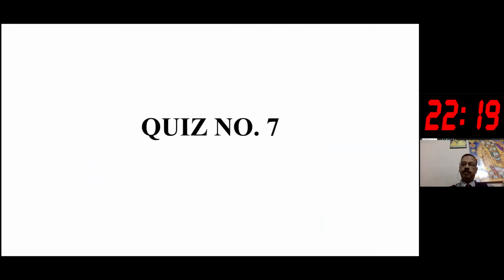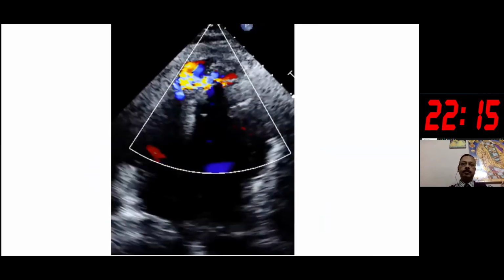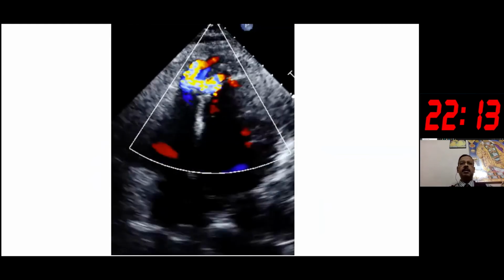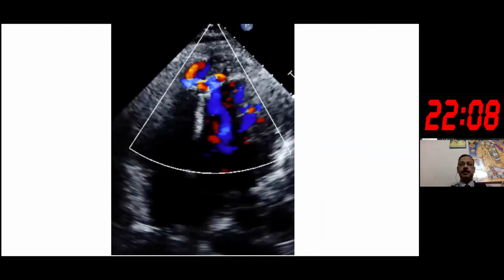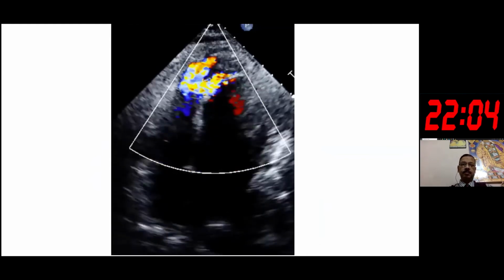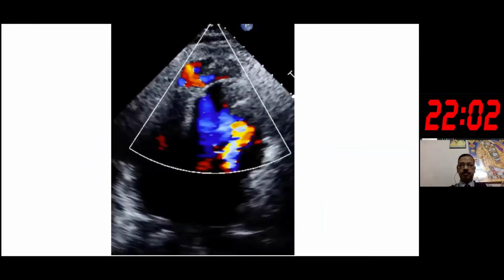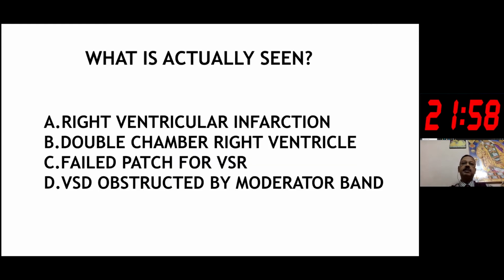Now the quiz number 7. Look at this, almost in the same area. Look at this, what you can see. Well, these are the options. What is actually seen?